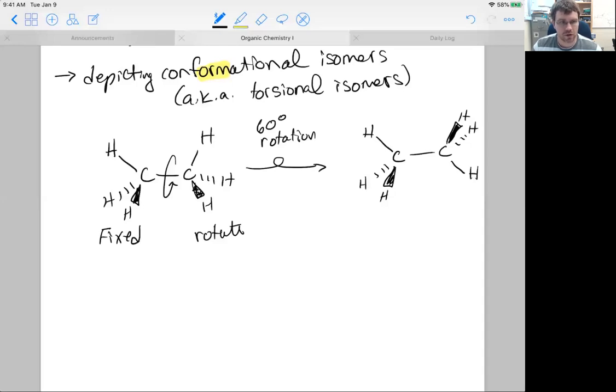If my experience serves, many of you probably wrote down structures and can't really visualize, and if you can, I'm impressed. But if you can't visualize how I got from here to here in my structure due to the 60-degree rotation, and I was fairly specific about 60 degrees, that is okay.